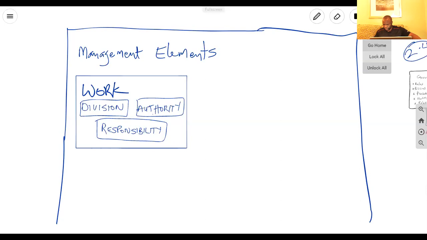discipline of action, unity of command, unity of direction, general goals, and fair pay.